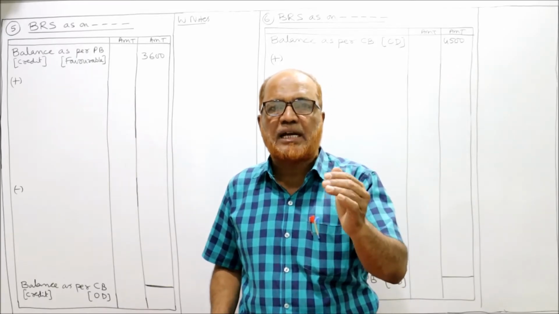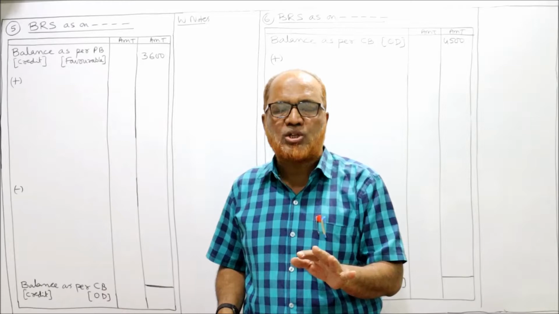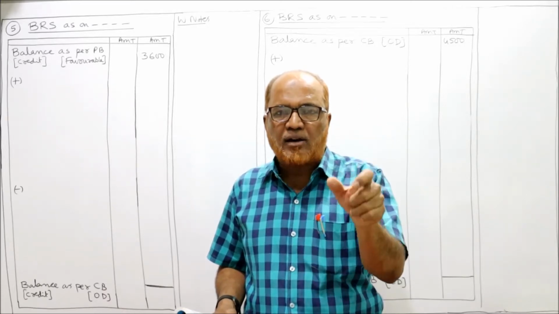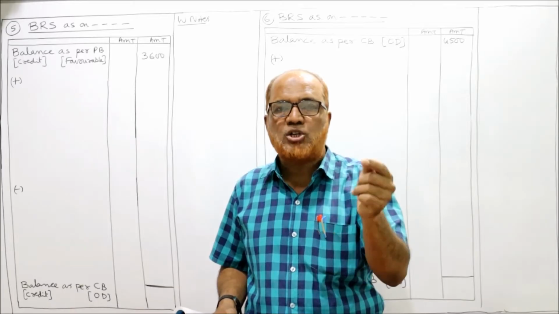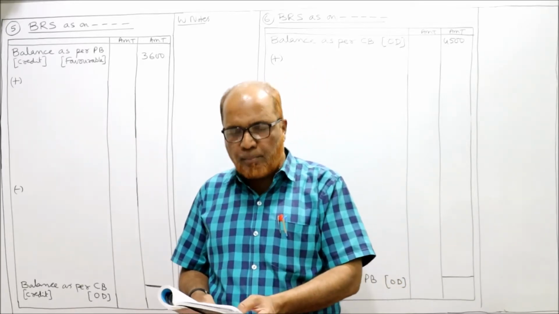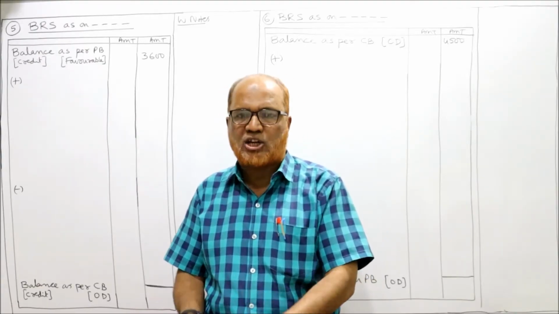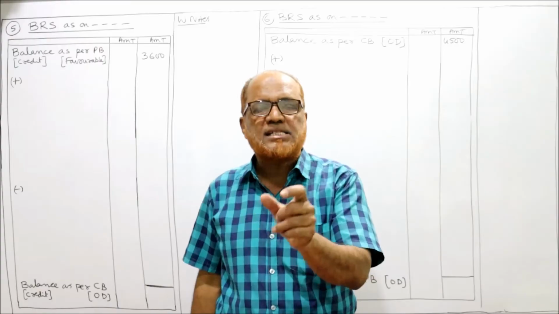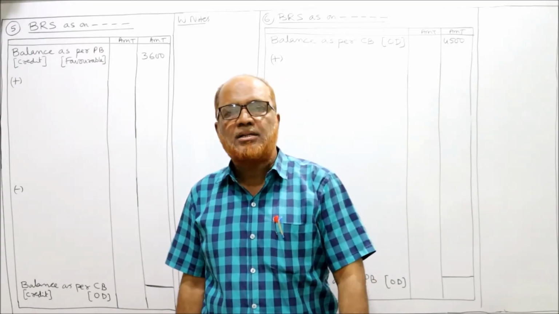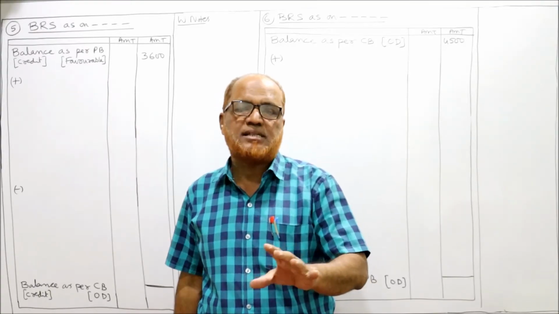Undercast means totaled less. While making the calculations, the accountant made a mistake. Last, bank charges of rupees 75 have not been entered in the cash book. The banker has debited the passbook for bank charges, but the cash book has not entered it. So these are the discrepancies.